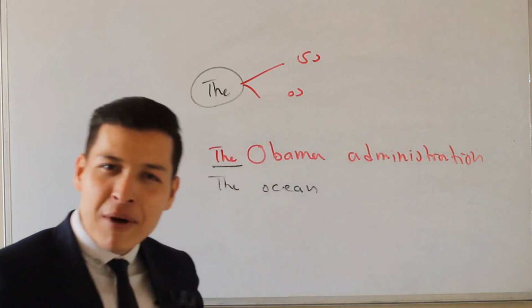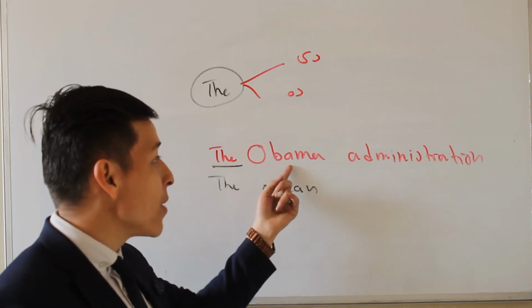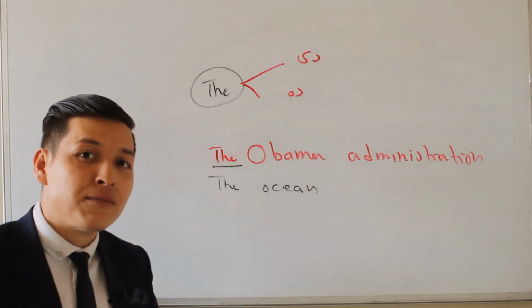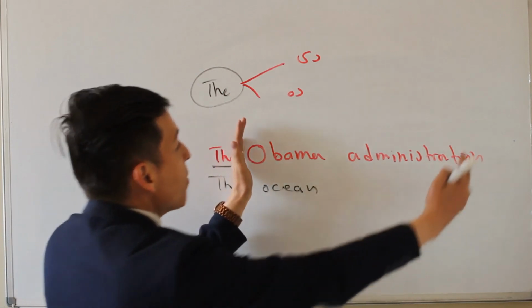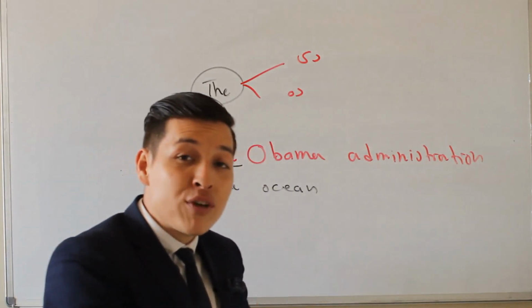Again, there is a question in your mind: sir, you said that we do not use the article "the" with a proper noun, and Obama is a proper noun, so why do we use "the" here? I should make it clear that this is not only Obama, it is the Obama administration, which is not one word.